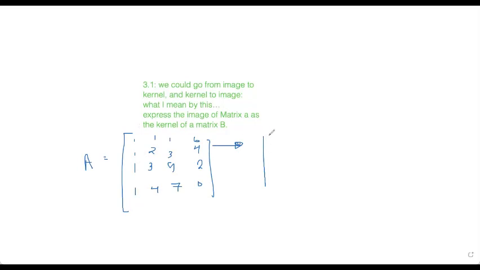From there, the book points out that we can convert this into a system of equations, x1 plus x2 plus x3 plus 6x4 equals y1. x1 plus 2x2 plus 3x3 plus 4x4 equals y2.